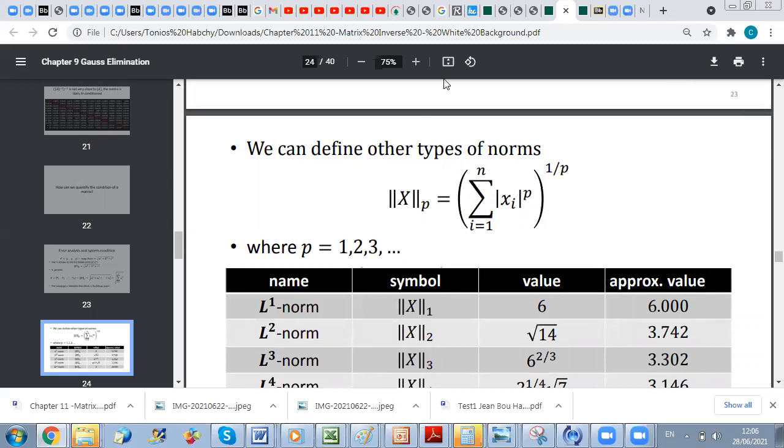Now we can define this norm with respect to different subscripts p. If p is equal to 1, I just sum the absolute values of x. If p is 2, I do the absolute value. If it's an even number, no need to put the absolute value, because if you square it or raise it to power 4 or 6, it's already positive. But if you have an odd number, then you should put the absolute value.